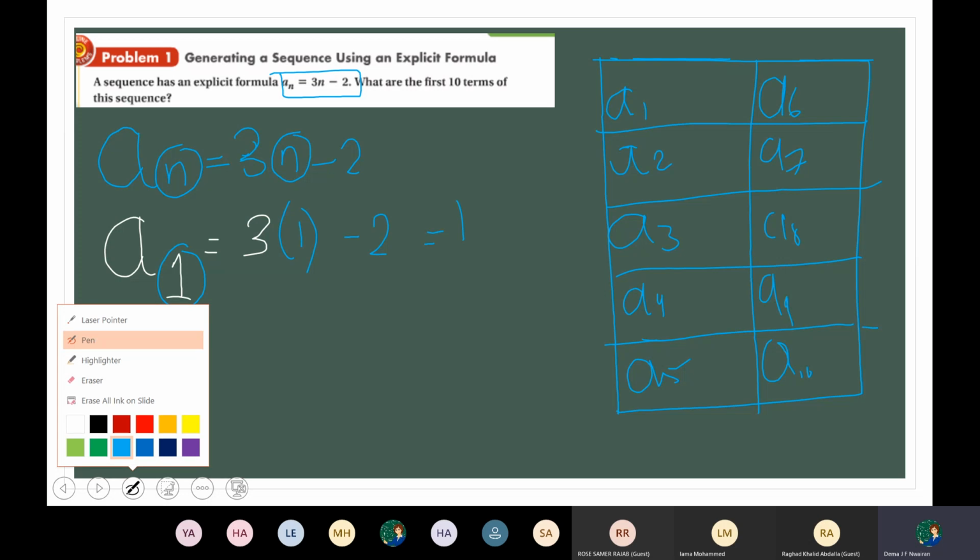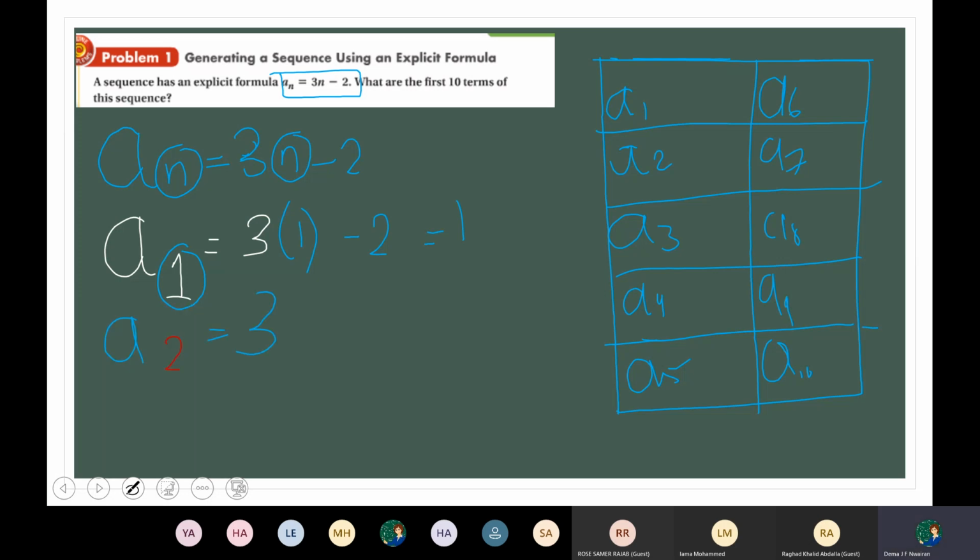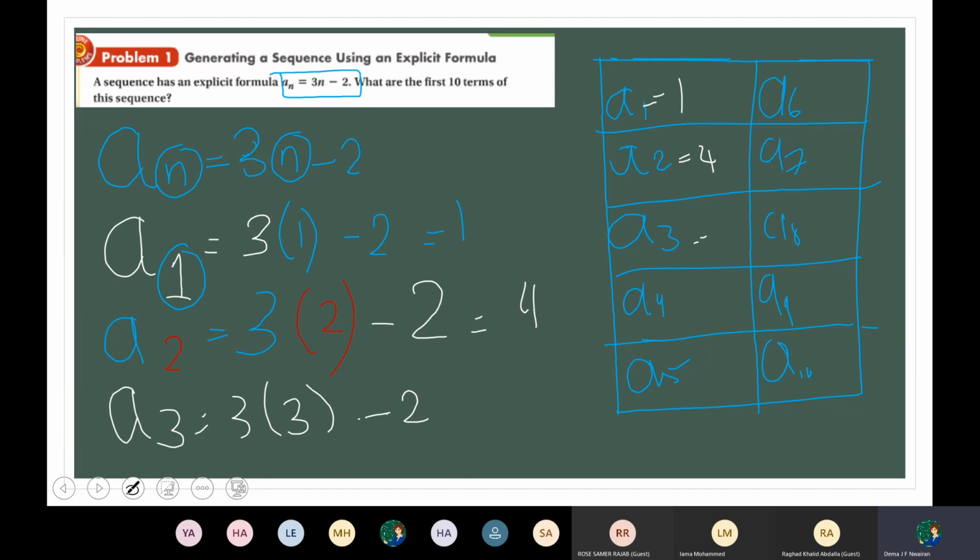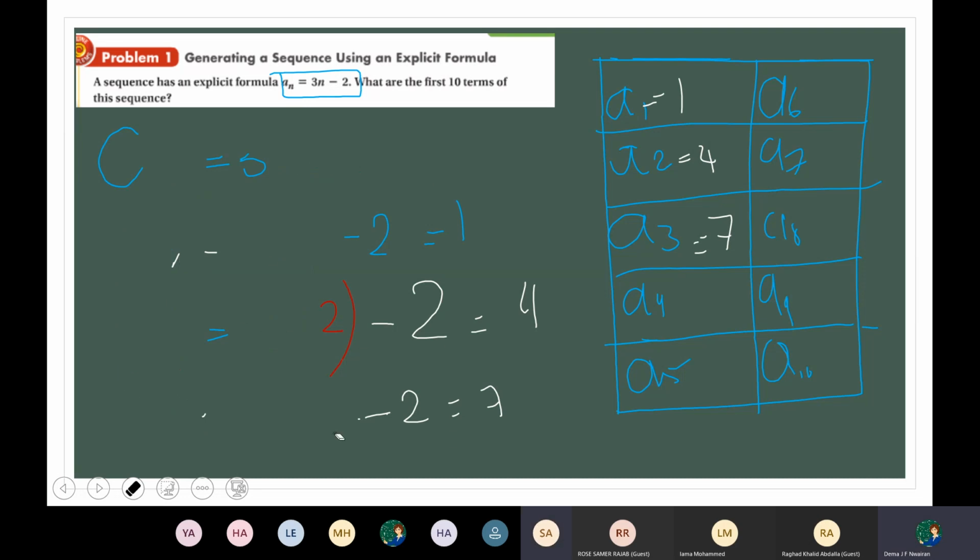A2 is 3 times 2 minus 2. 6 minus 2 is 4. So A1 is 1, A2 is 4. Let's go to A3 now. A3 is 3 times 3 minus 2. 9 minus 2 is 7. So let's just keep on adding 3.